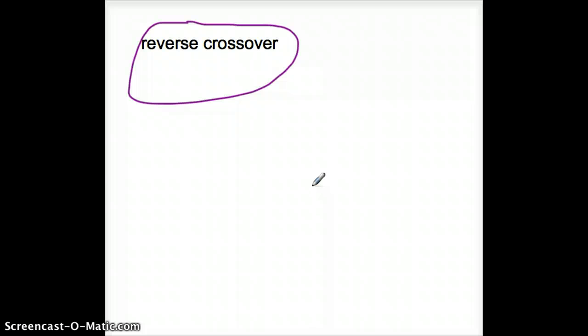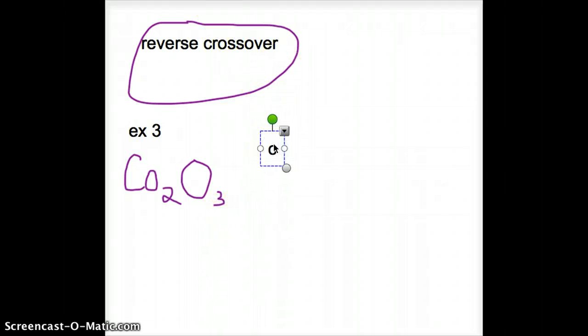Now what we're going to do is take an example. Let's take an example of Co2O3. The two elements involved here are definitely cobalt and oxygen.